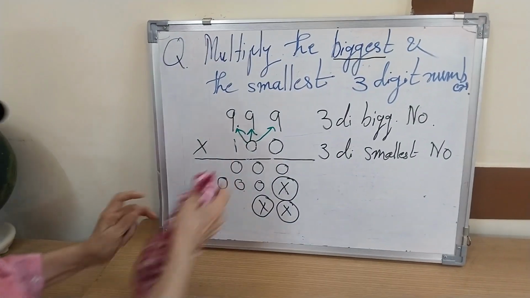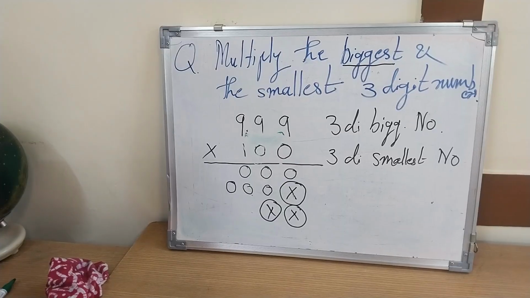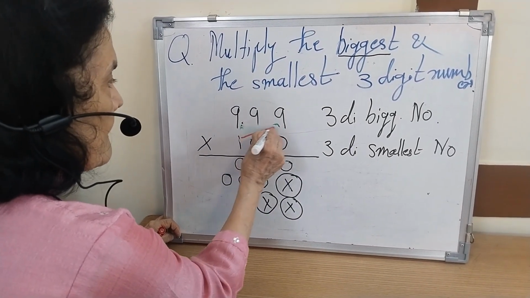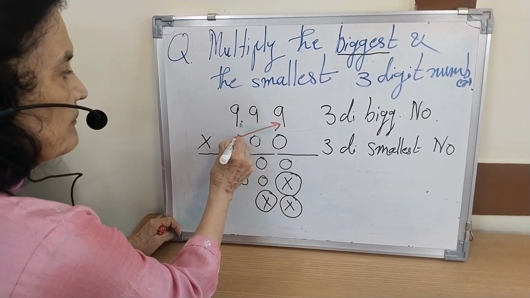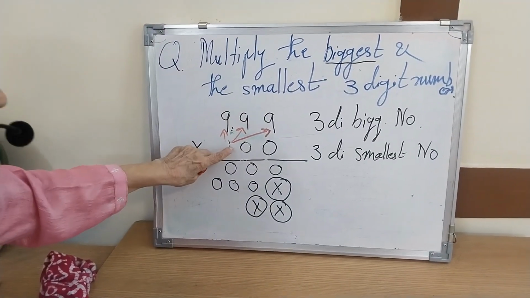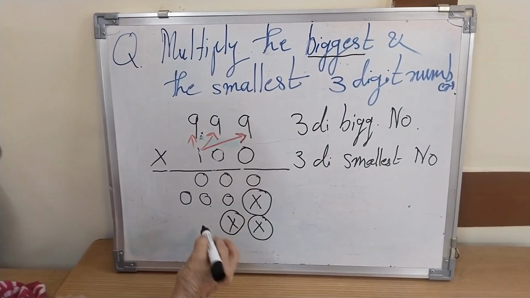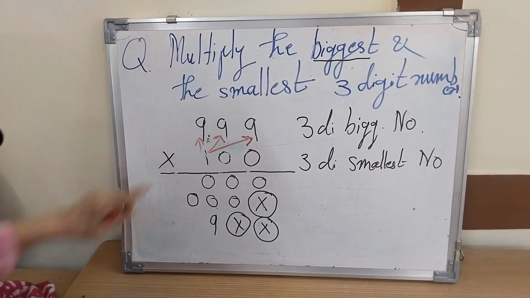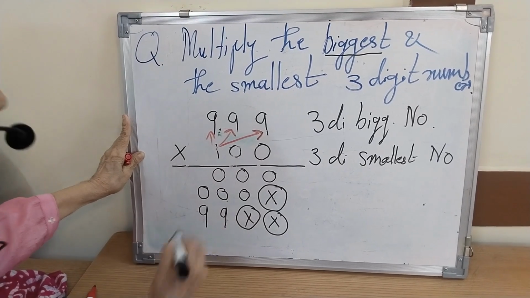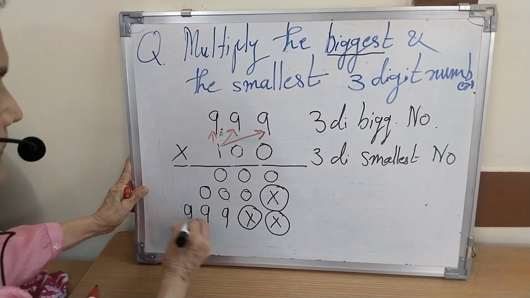And now we will be multiplying this particular number with this one first, then this one, and then this one. So multiplication of this into this turns into 9 ones are 9. Multiplication of this and this, 9 ones are 9. Multiplication of this one and this, 9 ones are 9.